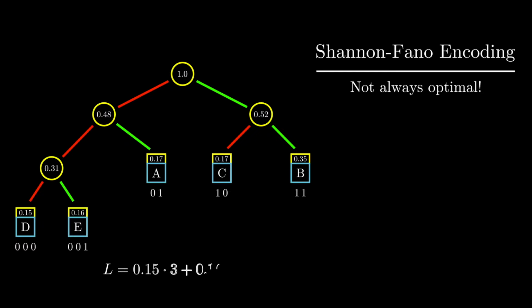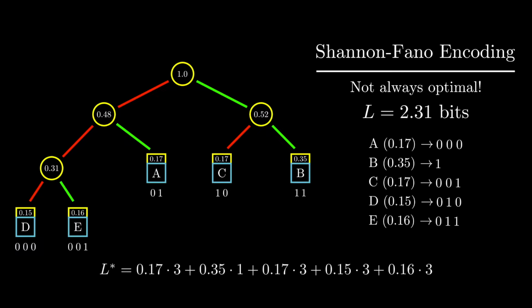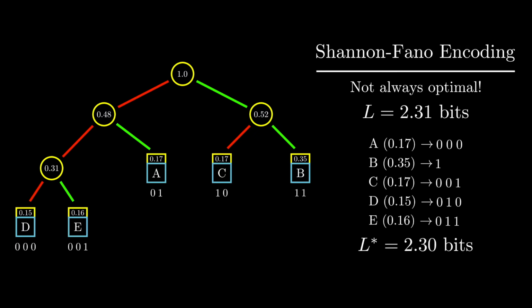For example, on this particular distribution, Shannon-Fano coding produces an average length per symbol of 2.31 bits. But the scheme that Huffman came up with, which is always optimal, provides the following encoding, which just barely beats Shannon-Fano encoding. The question now is, how in the world did Huffman find a better algorithm that both Shannon and Fano missed?